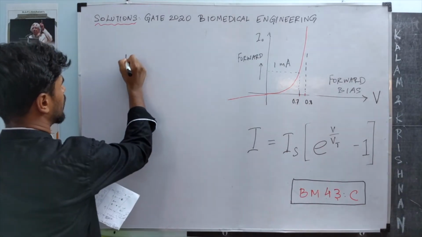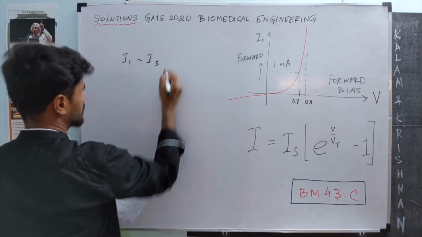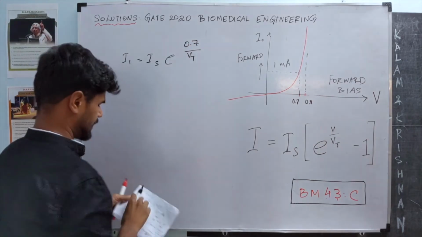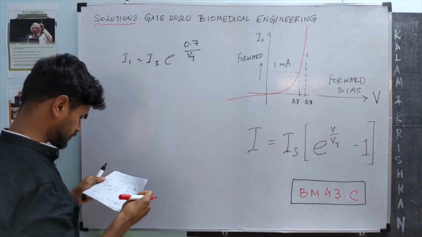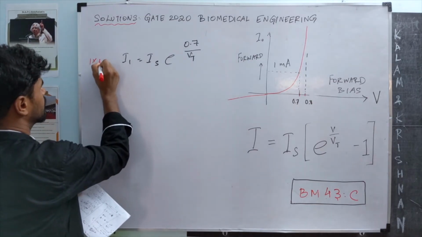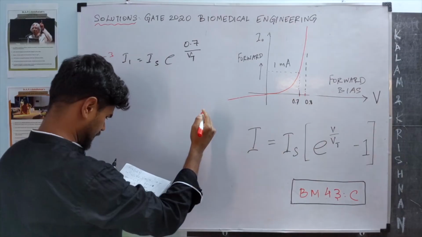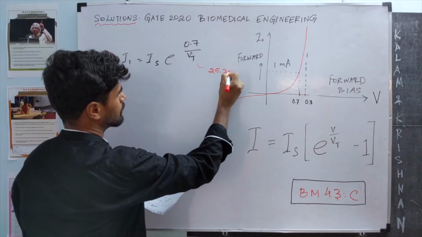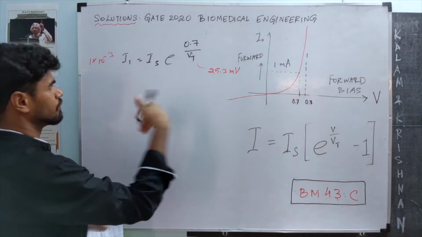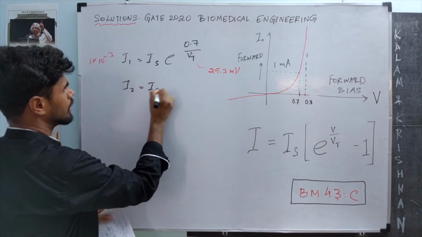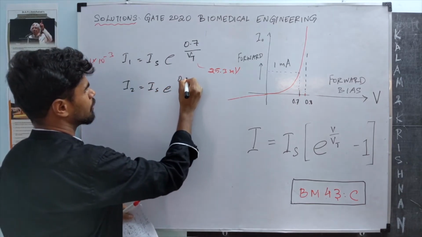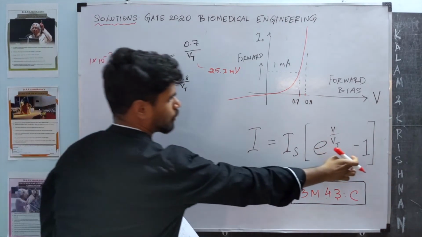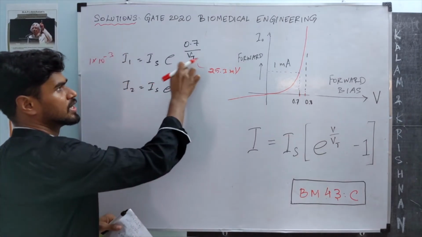So we have I1 is Is times e power 0.7 by Vt, right? And we have I1 as 1 milliamps, so 1 into 10 power minus 3, and Vt is 25.3 millivolts, right? So now I2 is Is times e power 0.8 by Vt. Notice I have neglected the 1 because usually that term is very, very small compared to this e power term.